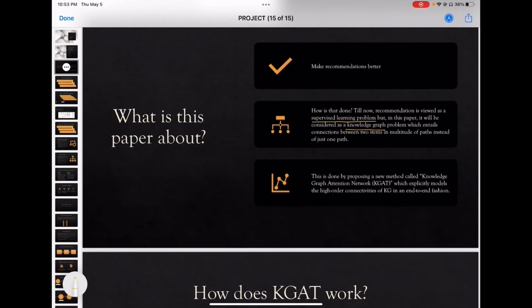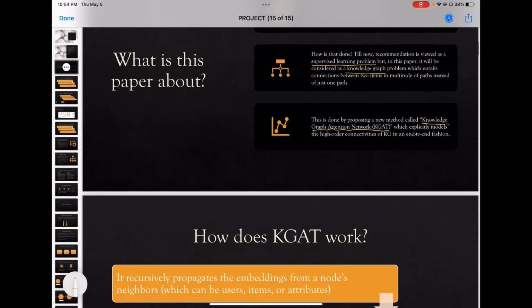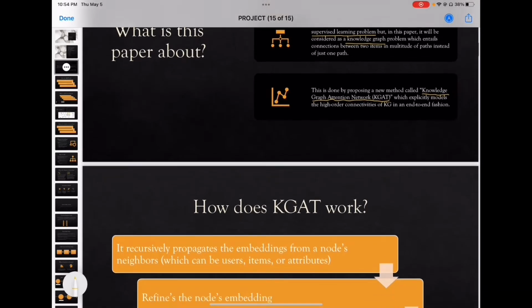It is argued that in such a hybrid structure of knowledge graph and user-item graph, higher order relations which connect two items with one or more linked attributes are an essential factor for successful recommendation. This is done by proposing a new method called Knowledge Graph Attention Network, or KGAT for short, which explicitly models the higher order connectivities in knowledge graph in an end-to-end fashion.